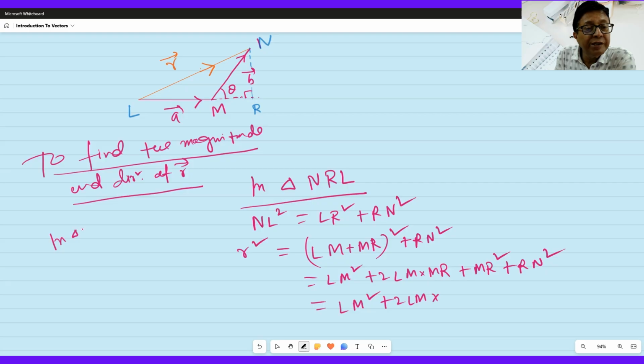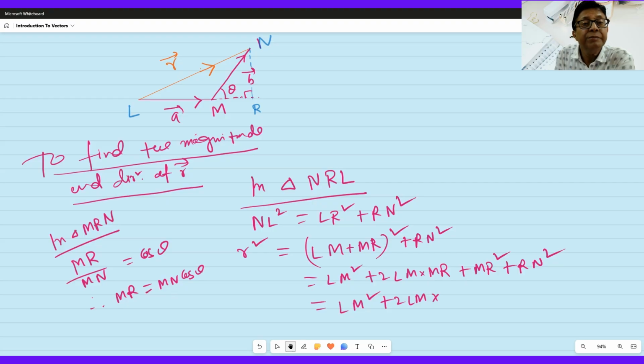So in triangle MRN, MR by MN is what? Cos theta. So MR is going to be MN cos theta. What is MN over there? MN is the length of the side of the triangle, and this is actually mod B or simply B cos theta. MR is B cos theta.